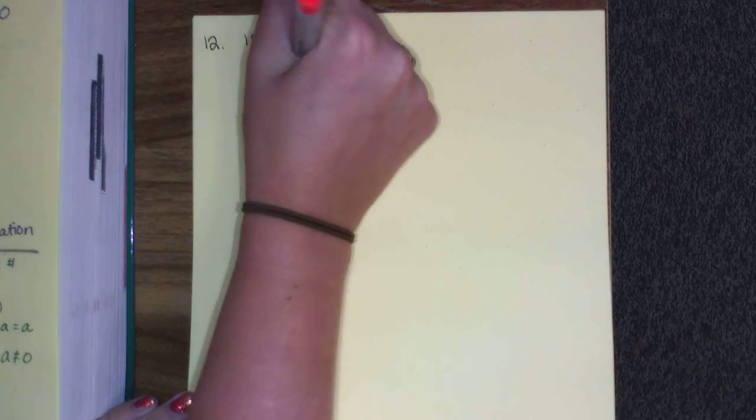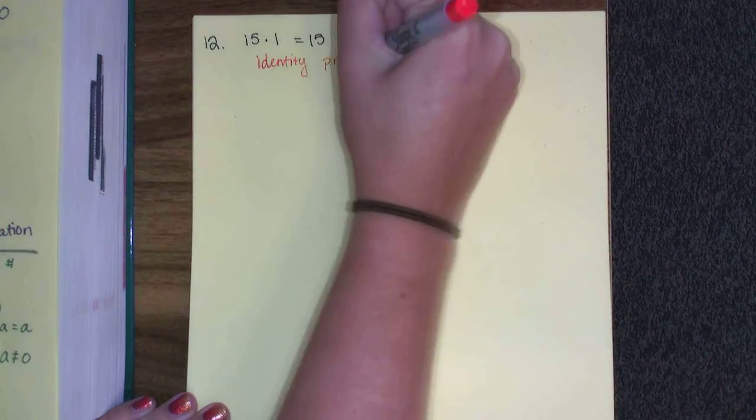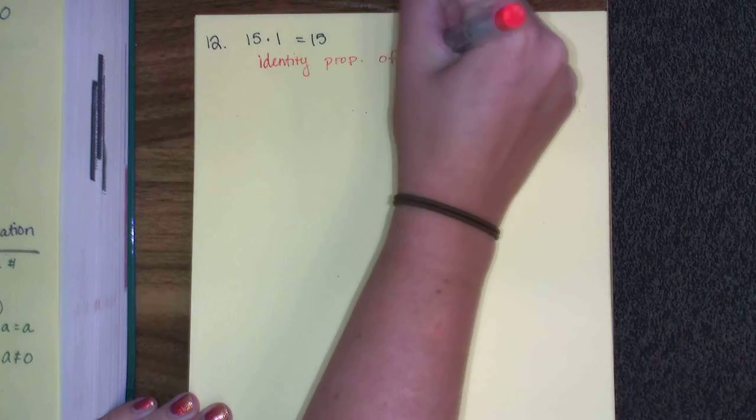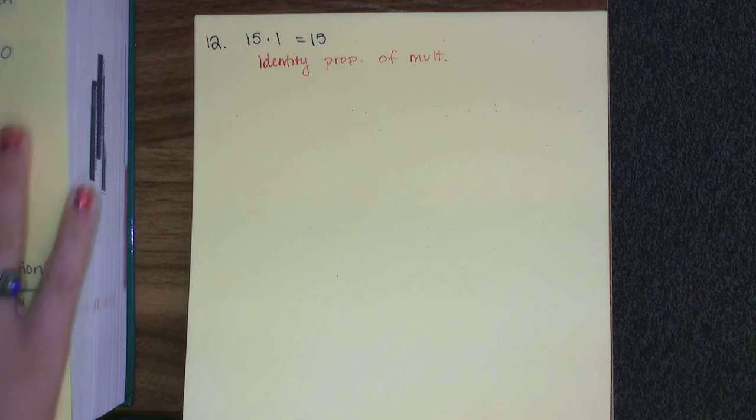All right, so that one is identity. Okay, and it's the identity property of multiplication. You need to have all of it. I need to find my sticky note.